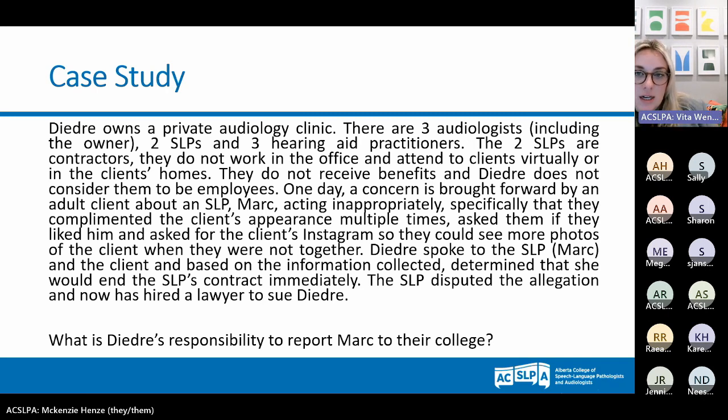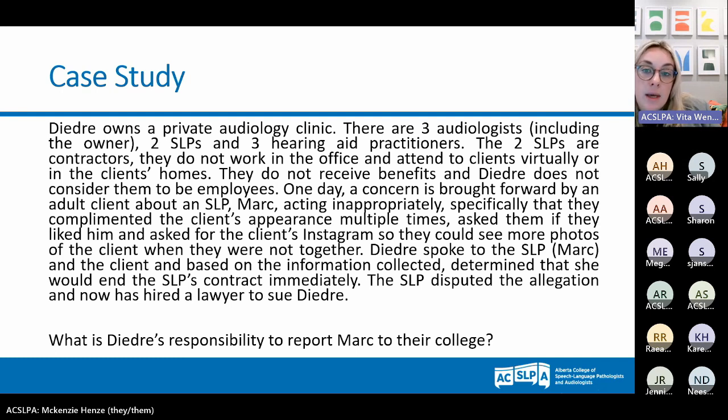So, of course, this is relating to obligations of mandatory reporting for sexual abuse and sexual misconduct that potentially could fall under the definition of sexual misconduct. There is information on that broad definition within our standards of practice and, like I said, on our website. But, putting aside if this was not sexual misconduct and maybe just an incident that happened outside of commenting on physical appearance or asking for Instagram or boundary violations, there is still that definition under Section 57 of the Health Professions Act that they're a contractor and they were terminated or their contract ends.